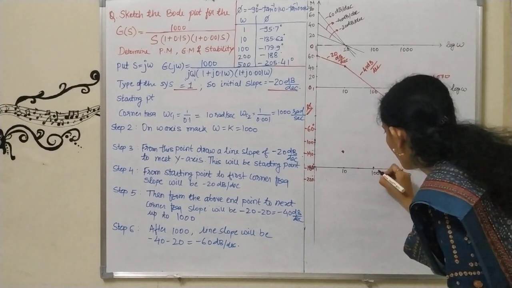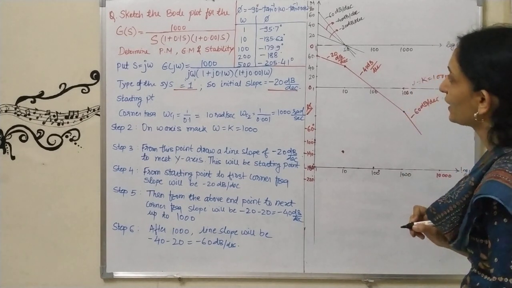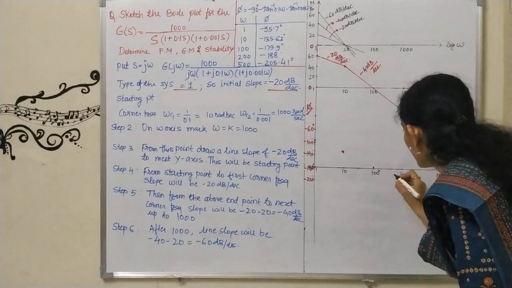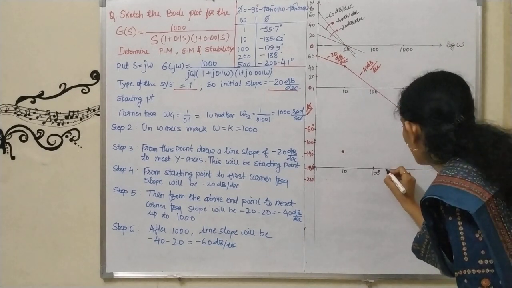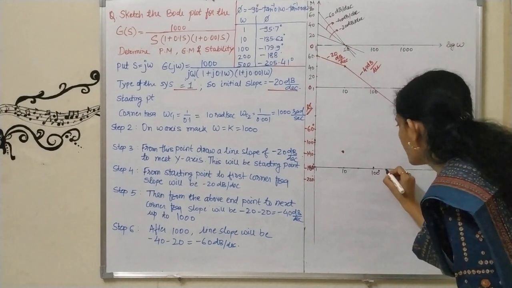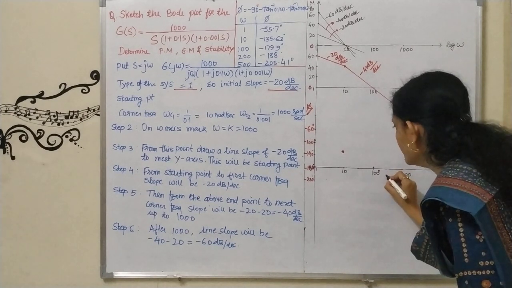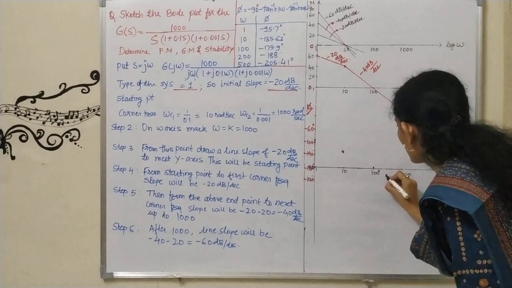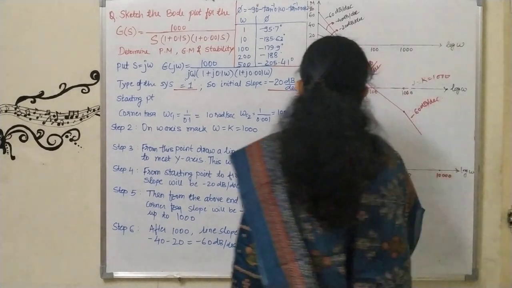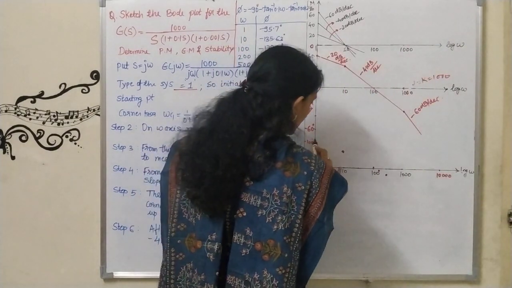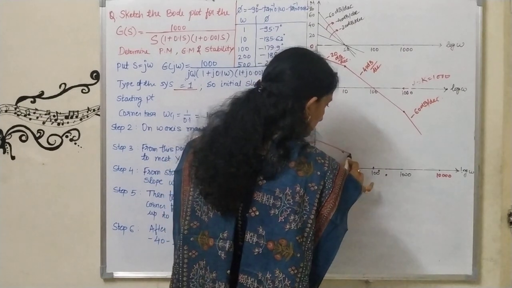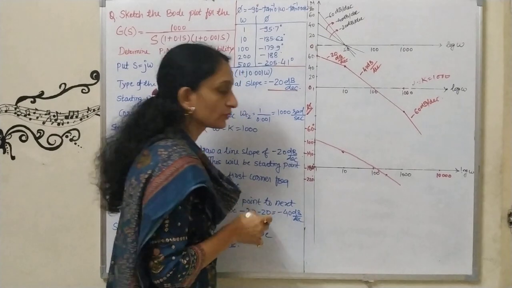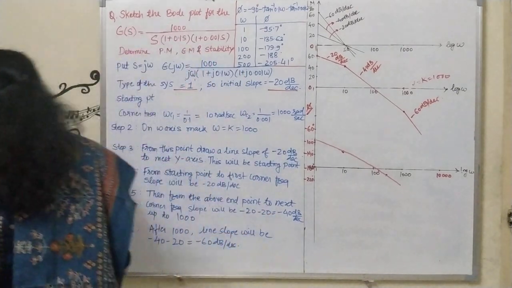Then next for 500, I am getting minus 205.41. So for 500, it will be in between 100 and 1000. So I am showing it here. It will be here. Okay, so now I will join all the points which I have plotted here. Okay, so look at this. I have completed the phase plot.